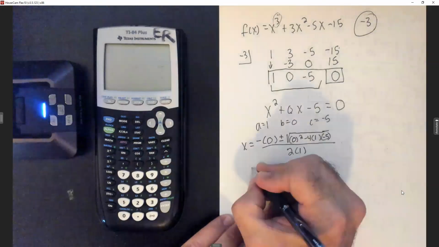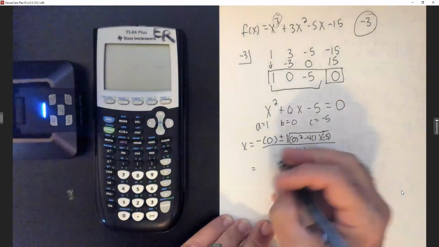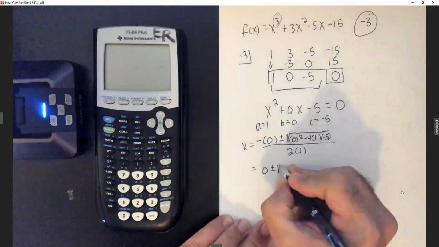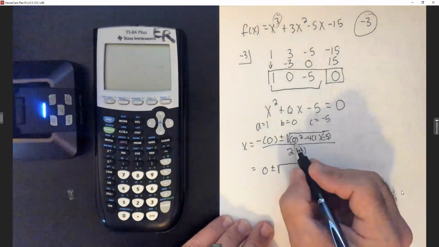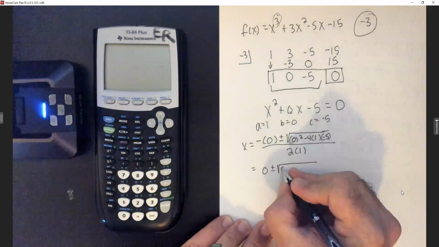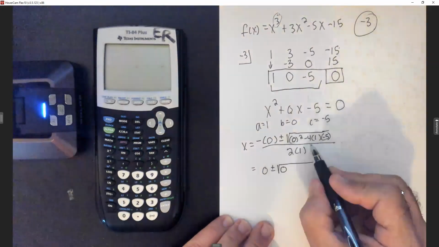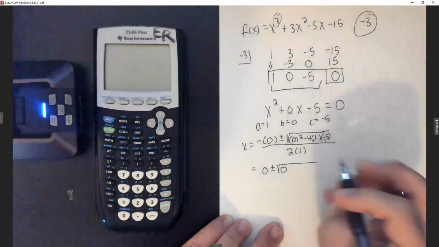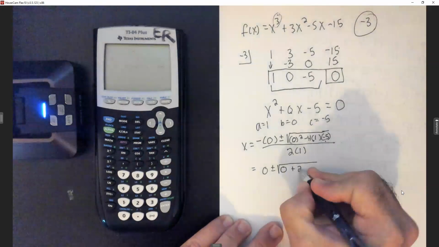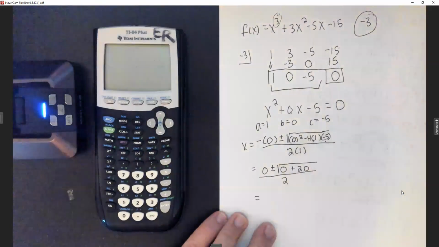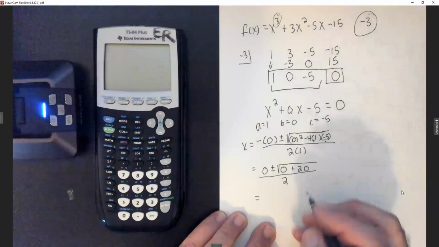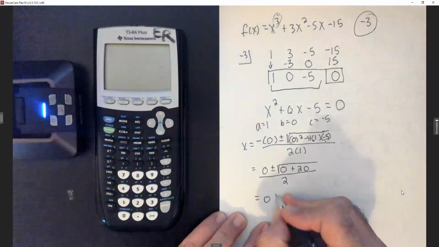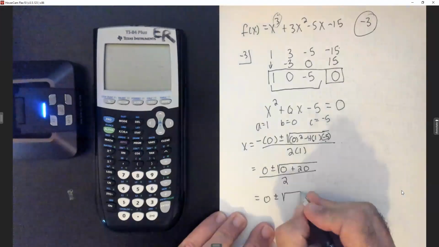All right, so 0 times anything is 0. Under the radical, 0 squared is 0. Over here, you got a negative 4 times 1, which is negative 4. Negative 4 times negative 5 would be a positive 20, all over 2. So add the stuff under the radical. So you get 0 plus or minus square root of 20 over 2.